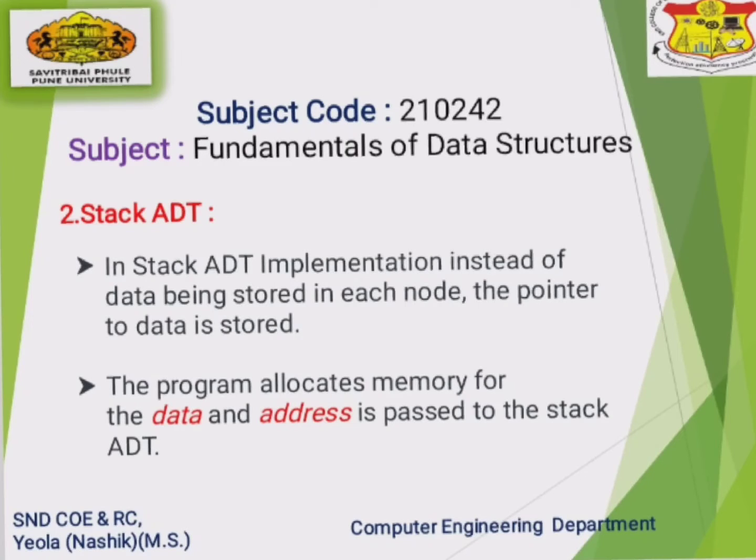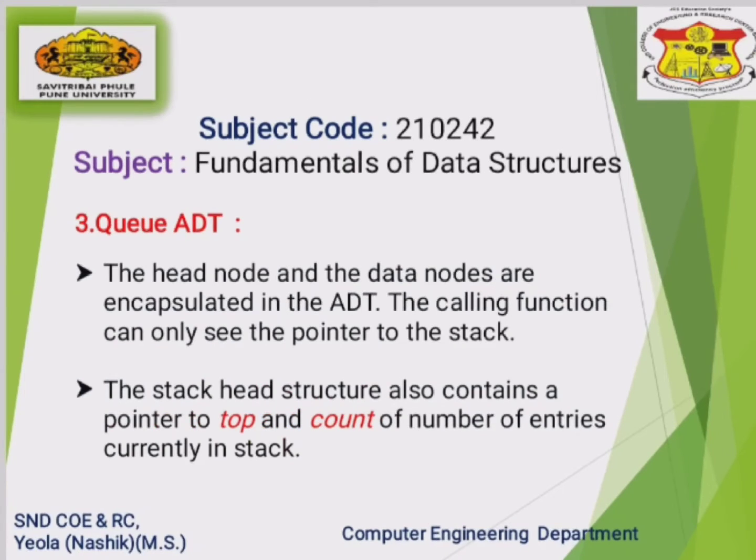Second, Stack ADT. In a Stack ADT implementation, instead of data being stored in each node, the pointer to data is stored. The program allocates memory for the data and the address is passed to the Stack ADT. Third is queue ADT.